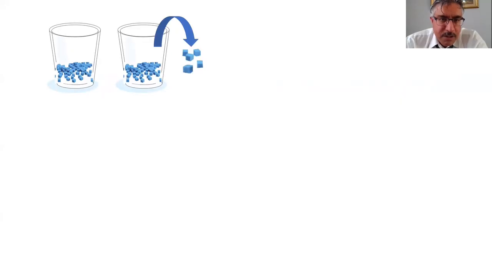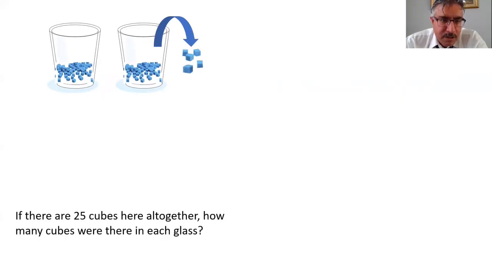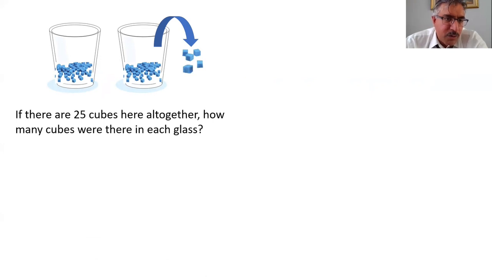Let's have a look at another one. Now it says if there are 25 cubes here altogether, how many cubes were there in each glass? So first of all, what we've got to do is see what the expression for that is. So what would be the expression for that? Well, you got 2 glasses of cubes and you're taking away 5 of them. 2n take away 5 is 25.